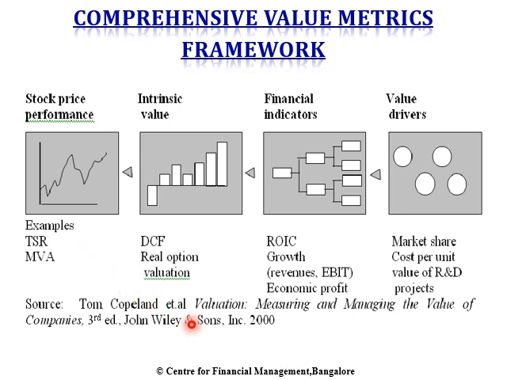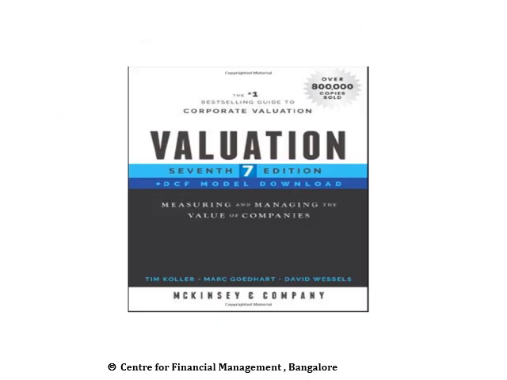This, as I said, is a seminal work, and I strongly recommend it to those who want to explore this topic in greater detail. This is the 7th edition of the book, Valuation: Measuring and Managing the Value of Companies.